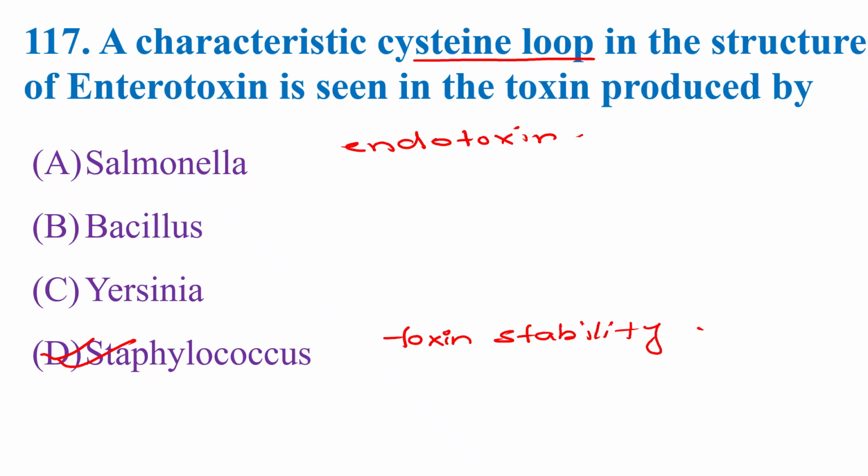Bacillus produces enterotoxins, for example Bacillus cereus, but not the characteristic cysteine loop. Yersinia produces different factors. So the correct option will be option number D.